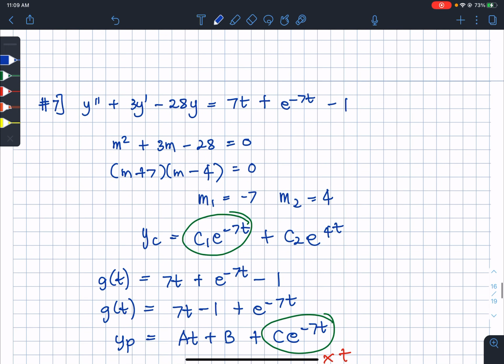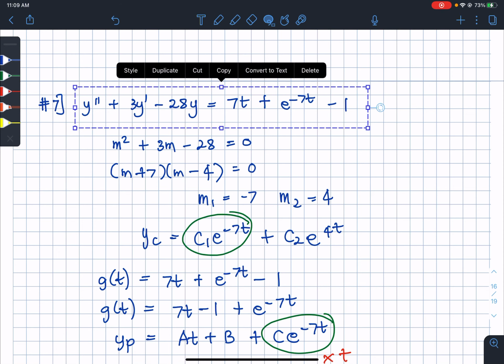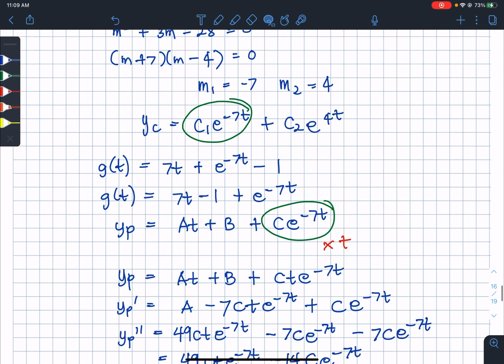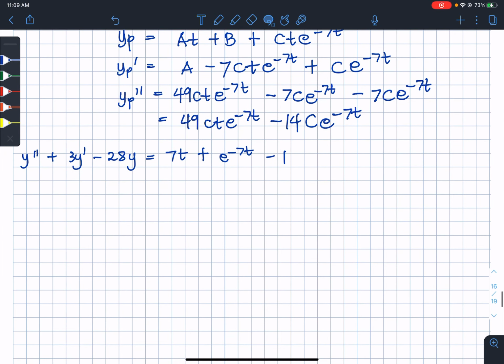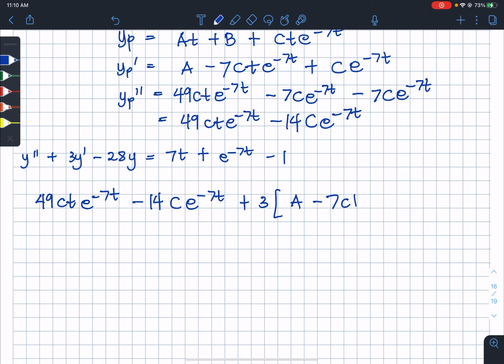So substituting with our original equation, y double prime, we have 49ct e negative 7t, minus 14c e negative 7t, and plus 3 y prime, so we have a minus 7ct e negative 7t plus c e negative 7t.